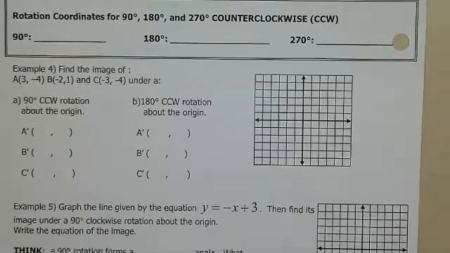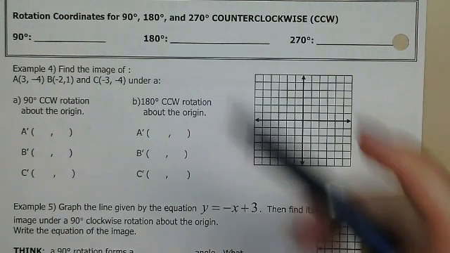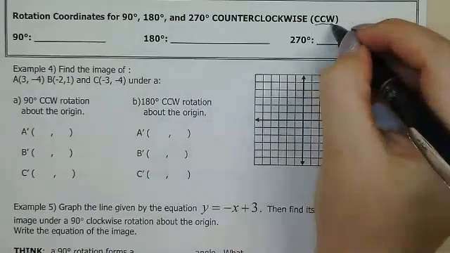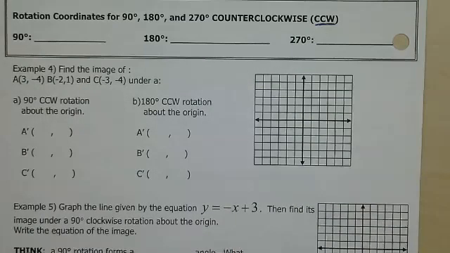Okay, so here on the back, it says here are the rotation coordinates for if you are rotating on a coordinate plane. So if you're going 90 degrees, 180, or 270, and these are the rules for going counterclockwise. Sometimes you'll see this abbreviated as CCW.